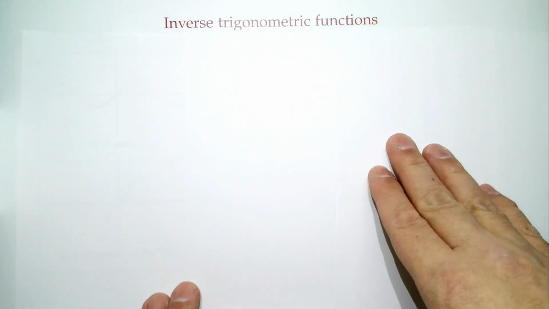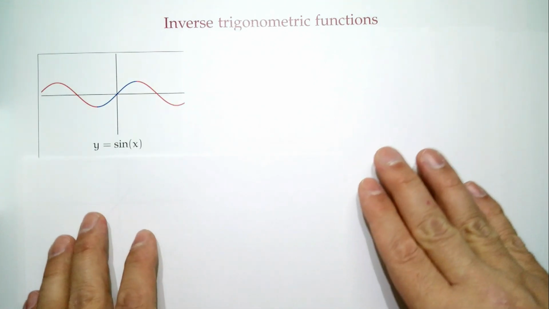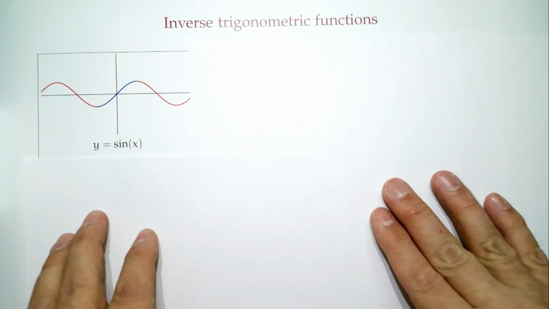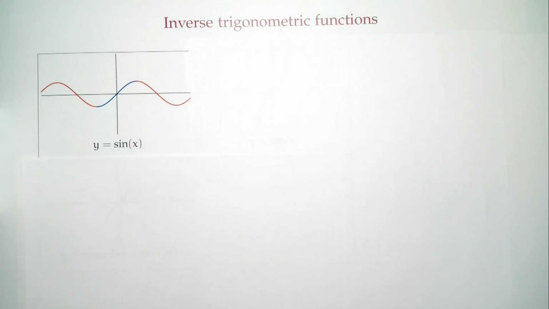So let's start by talking about just sine, because oftentimes, once we see the sine, it can open up our eyes. The sine function is what we call sinusoidal, which basically means it goes up and down and up and down. Now, does the sine function have an inverse?